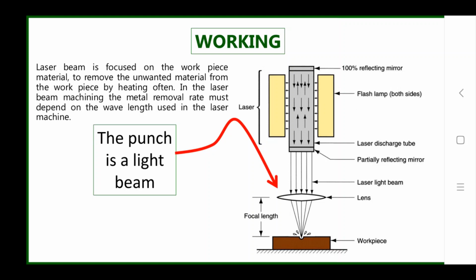Using the thermal energy which hits the work material, and due to vaporization the unwanted material is removed. In laser beam machining, the material removal rate must depend on the wavelength which is used. I have shown a bunch of lights, or we can say light beams, which focus on the workpiece. So this is the working principle of laser beam machining.